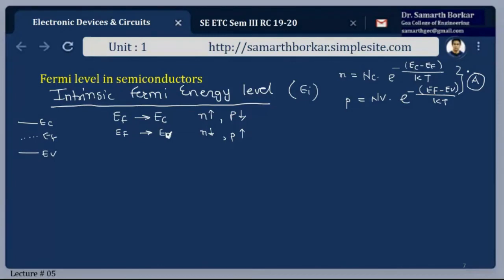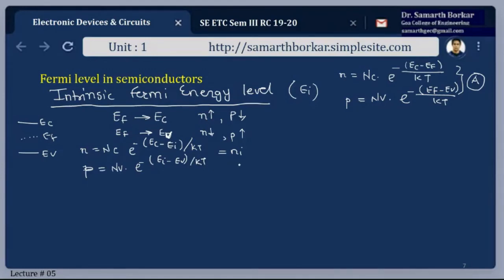Now we can rewrite this equation as N equals NC e raised to minus (EC minus EI) by KT, which equals Ni, and P equals NV e raised to minus of (EI minus EV) by KT.